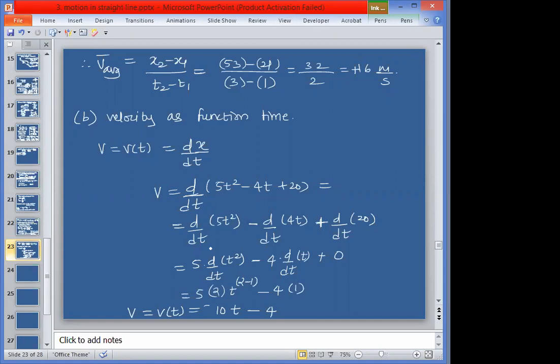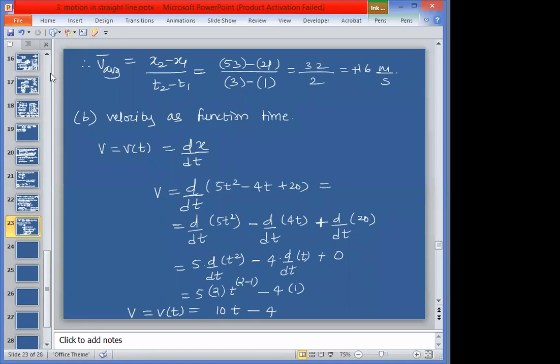Make your own list of formulas, remember each and every formula, and revise all the notes properly and then go for the solving of scalar, vector and calculus. While solving, if you need to refer to the notes, in that case refer to the notes.